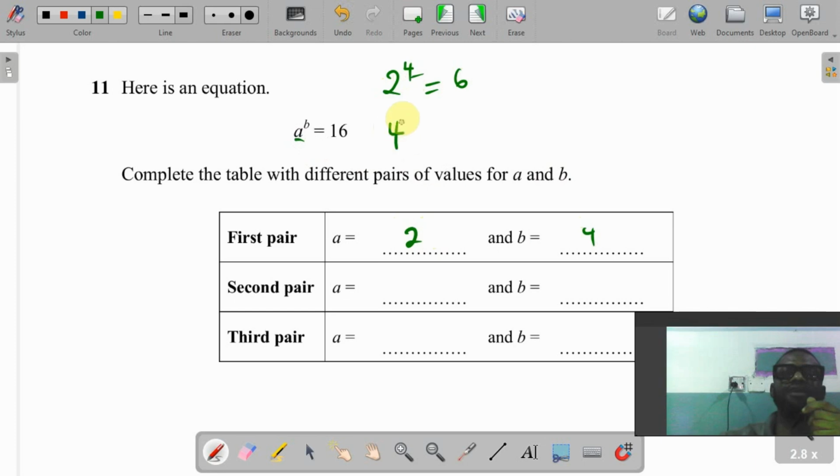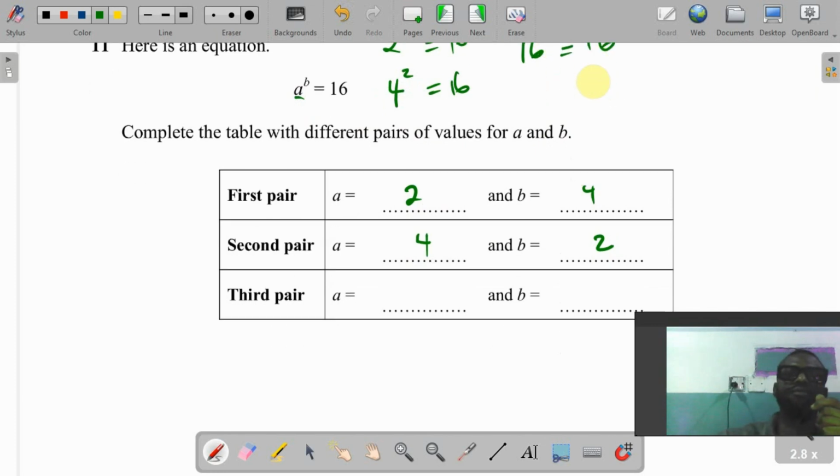I can also say 4 squared is equal to 16, so my A can be 4 and my B is 2. I can also say 16 to the power of 1 is 16, so A can be 16 and B can be 1.